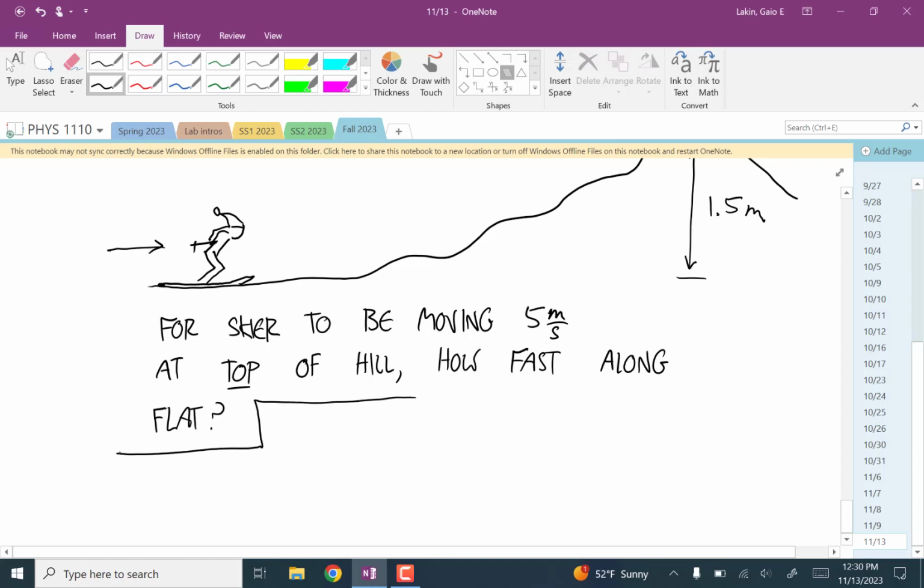Okay. Well, the first thing you have to make sure of is you have to make sure that this is eligible for conservation of mechanical energy.